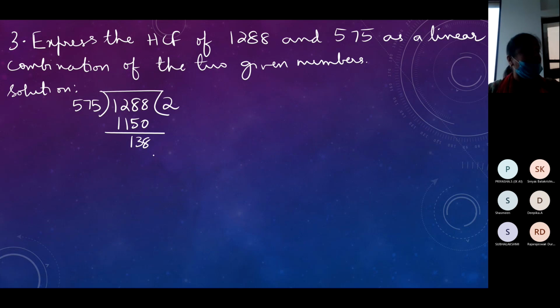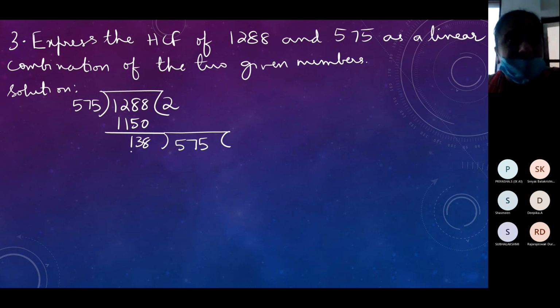The remainder becomes the new divisor. And what is the dividend? The earlier divisor becomes the new dividend. The remainder is the divisor, and the earlier divisor is the new dividend.